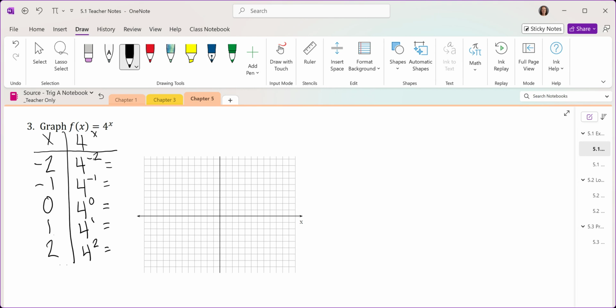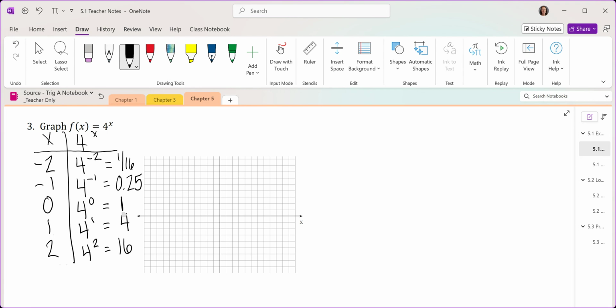So 4 to the -2nd, you can just put that in your calculator, and you would get 1/16. I don't have my calculator right now to see what decimal that is. 4 to the -1st power would be 0.25. Anything to the 0 power is 1. 4 to the 1st would be 4. 4 to the 2nd will be 16.